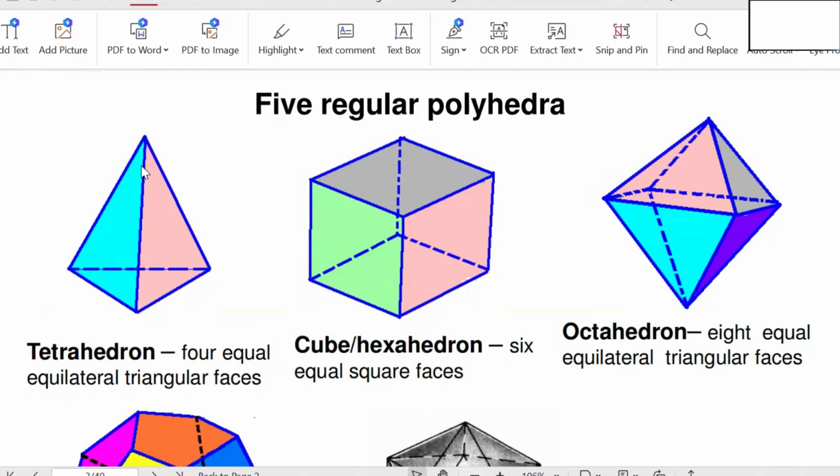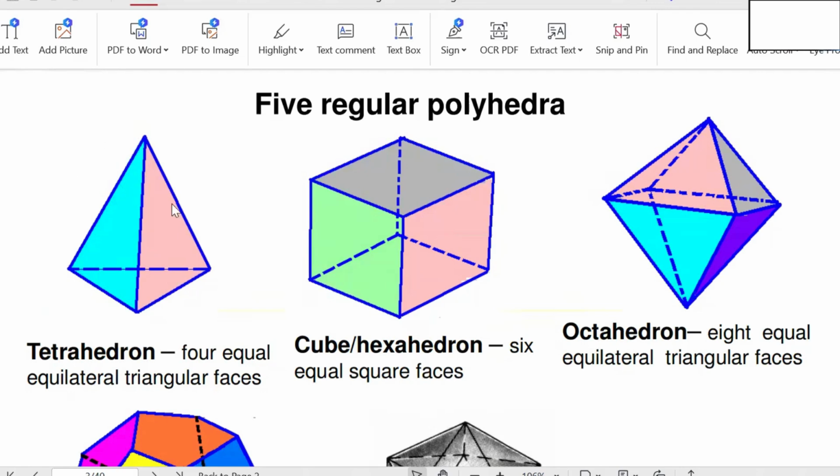Then coming to cube or hexahedron. So what is a cube? A cube consists of equal, similar, same faces. The total number of faces is 6, and the shape of each and every plane is a square. So 6 square faces are to be considered to generate a cube or hexahedron.